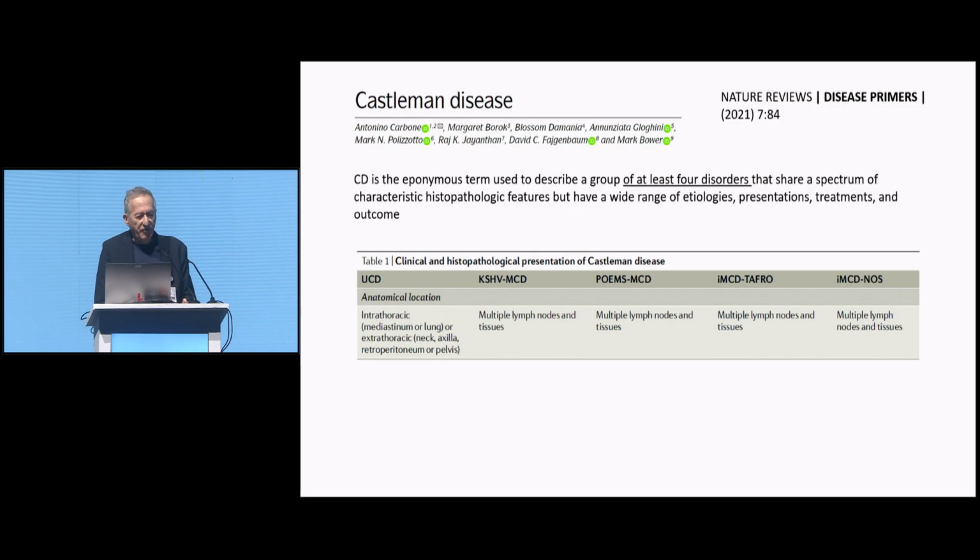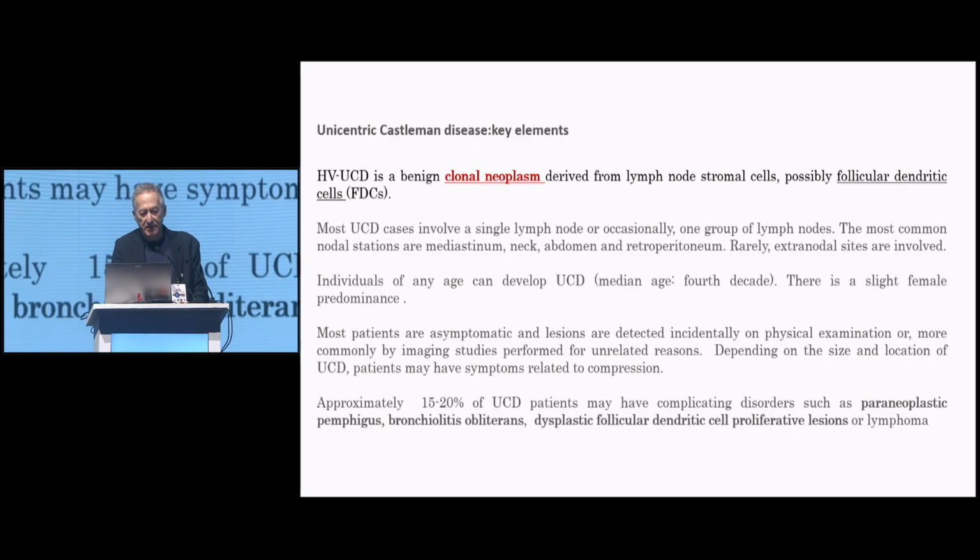We have the unifocal, unicentric form, and we have multicentric Castleman disease related to HHV infection, POEMS, or idiopathic TAFRO, or not otherwise specified.